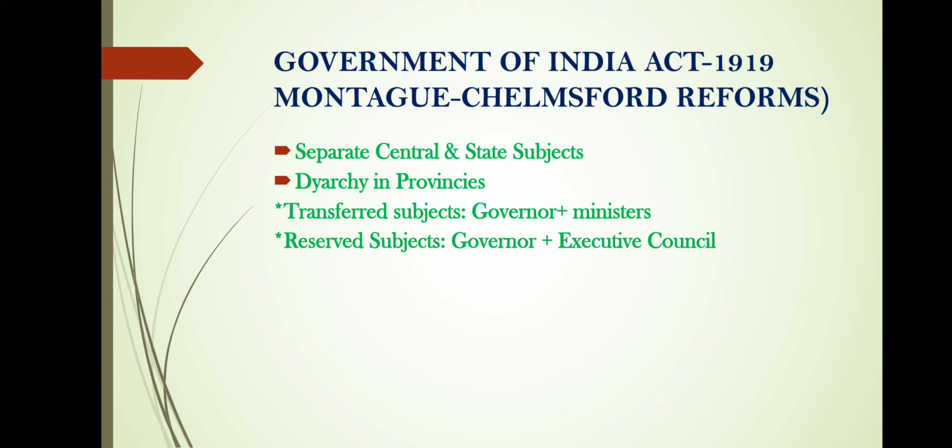So it further divided the provincial subjects into two parts, that is transferred and reserved. The transferred subjects were to be administered by the governor with the aid of ministers, and reserved subjects, on the other hand, were to be administered by the governor with his executive council.